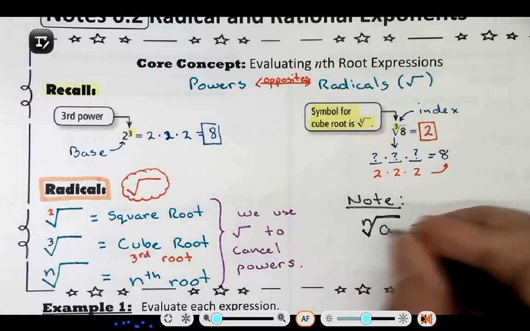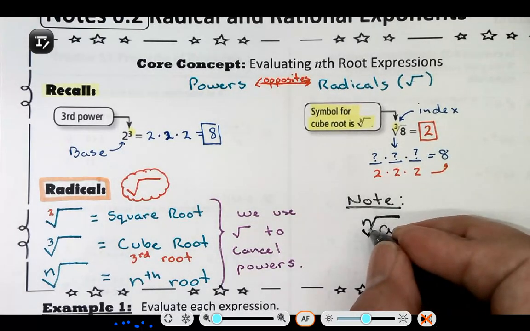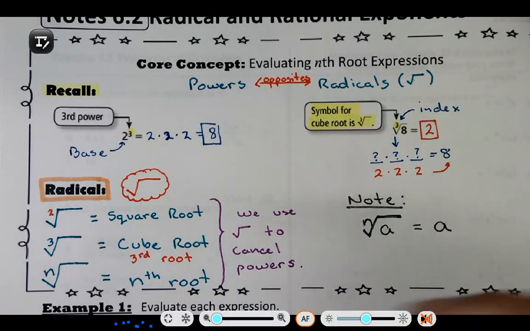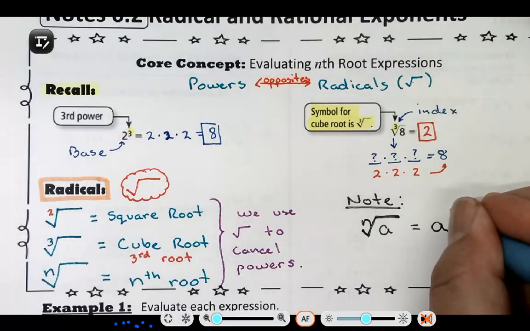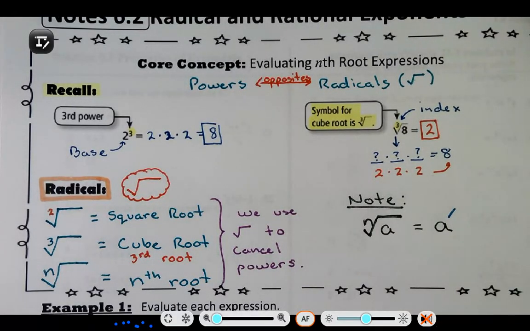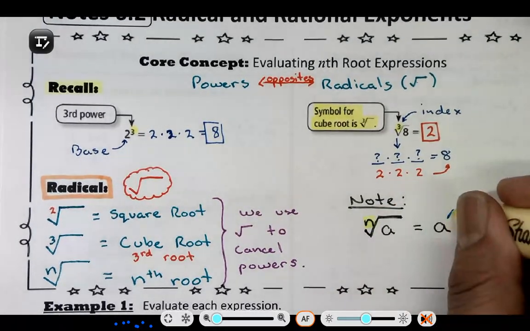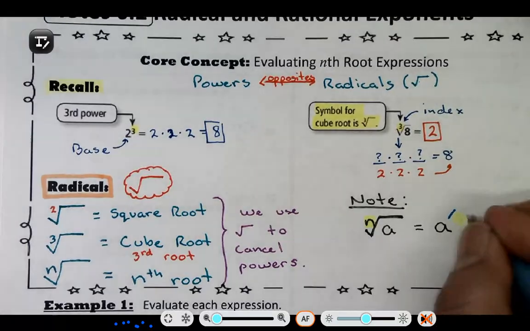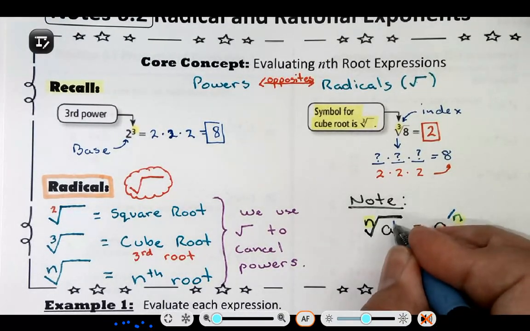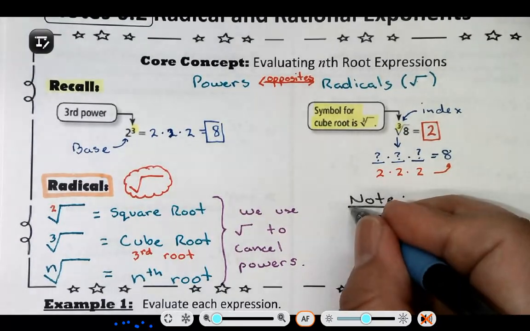And so my base is A, so I'm going to continue to write that A. But anytime I see a radical, it means that my power used to be a fraction. So my power used to be a fraction, and the one thing that we should note is that this little number right here, that n, is always going to be at the bottom of a fraction. So there's my n, and then the a has a power of 1 that's invisible, so we just put a 1 here for now.